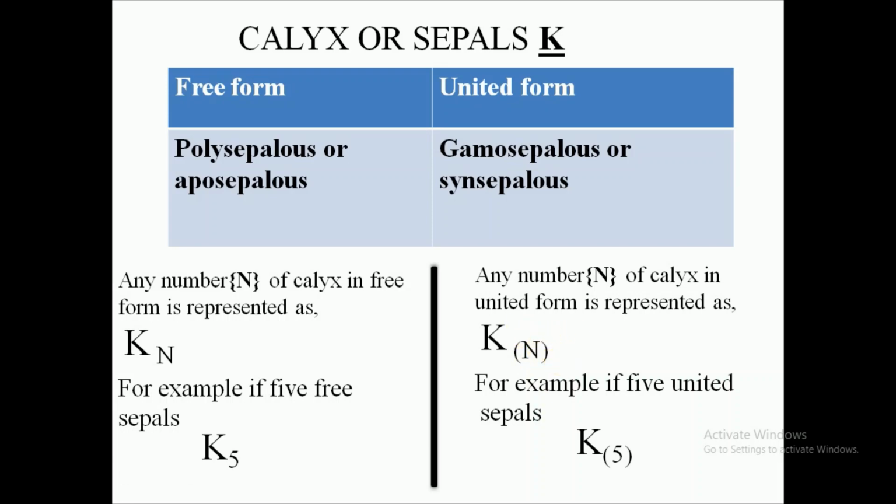Whatever the number of calyx, we write it in the subscript, and we put it in brackets whenever we are talking about united or fused form. That means whenever the calyx are joined, united or fused, we write it in brackets. For example, 5 free sepals we can write as K with subscript 5, with no brackets for free form. When we are talking about united form, we use brackets, and within the brackets we write the number of sepals or calyx.